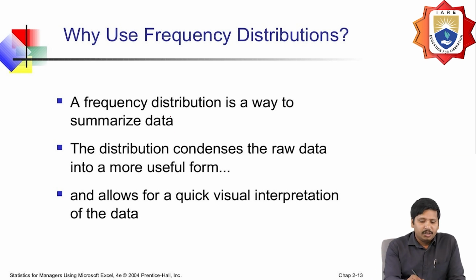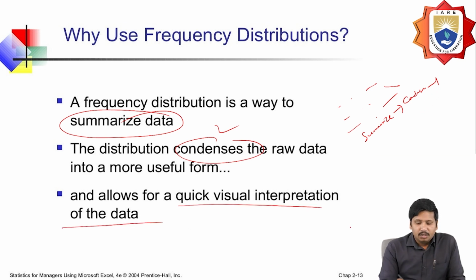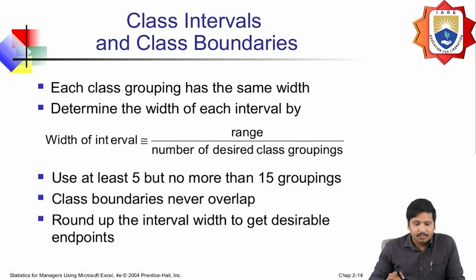It should summarize the data, it should condense the raw data into a more useful form, and from that it allows a quick visual representation of the data. So that is the purpose of using the frequency distribution.